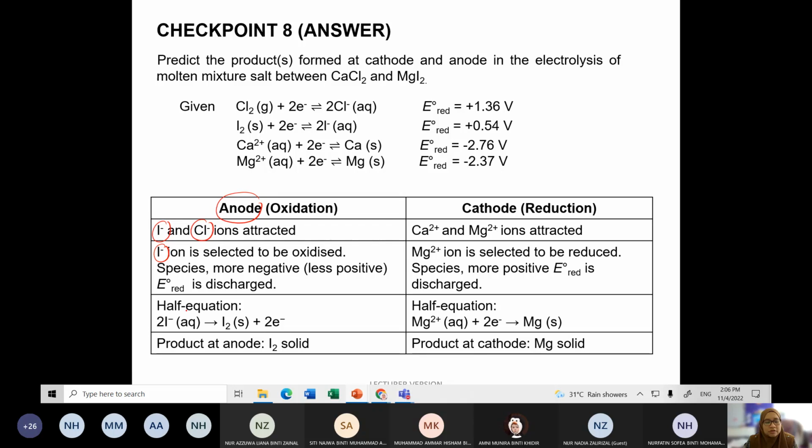Okay, so in terms of the equation, make sure that you know how to write the equation for oxidation, especially for oxidation.